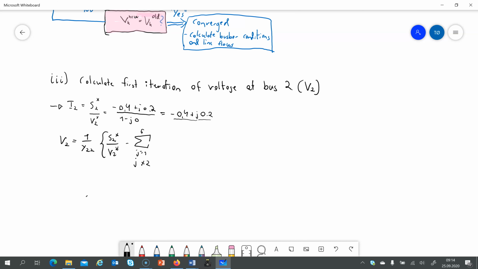Cannot be 2 by j. Like this. Put in some numbers. Almost 0.9, I think.